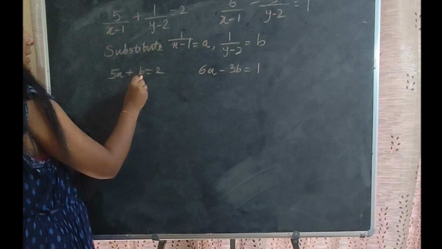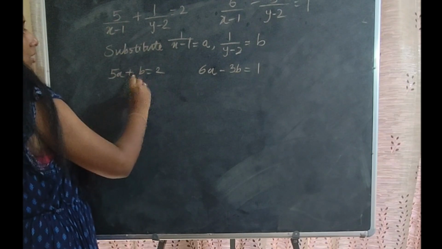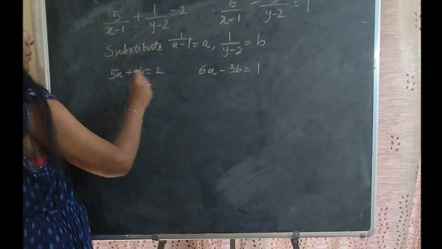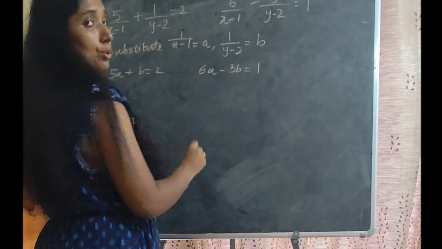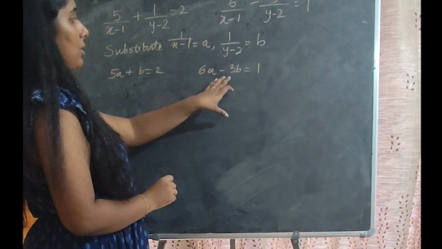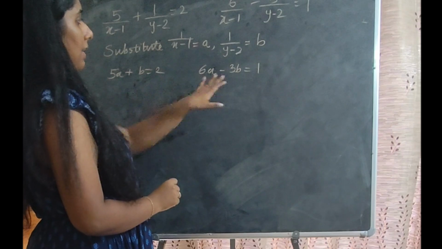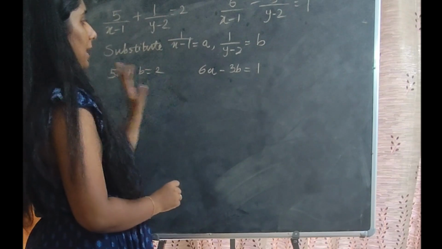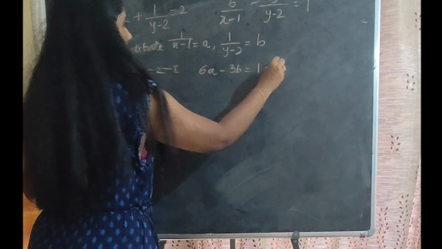Now this is single, so we can multiply this by 3. If you go for a, you will have to multiply with a bigger number. This will be multiplied by 6, this will be multiplied by 5 if you try to eliminate a. So we will try to eliminate b because this coefficient is 1 and this is 3. So you need to only multiply this by 3. This is equation 1, this is equation 2.